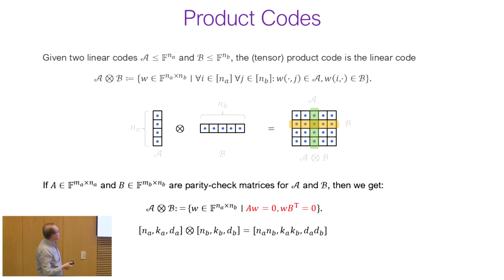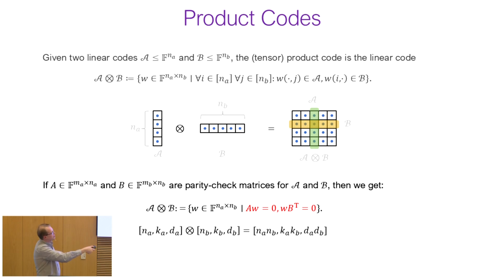This tensor product code can be very nicely described by its parity check matrices. If A is a parity check matrix of code A and B is a parity check matrix of code B, then we can describe these matrices W by these equations.